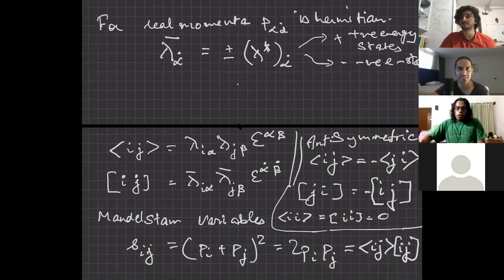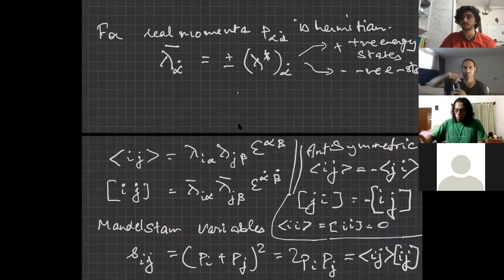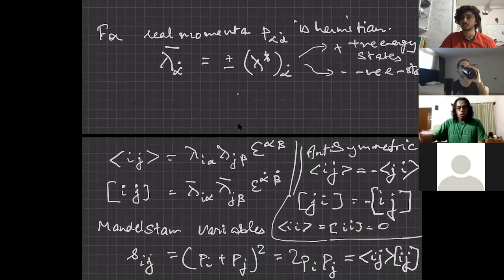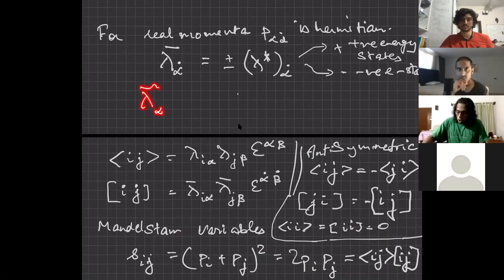Okay. So lambda tilde, you impose the Hermitian condition. That means lambda tilde into lambda conjugate is equal to plus or minus 1. So basically, lambda tilde alpha dot lambda inverse becomes equal to plus or minus.